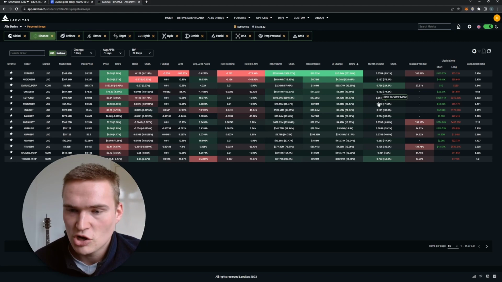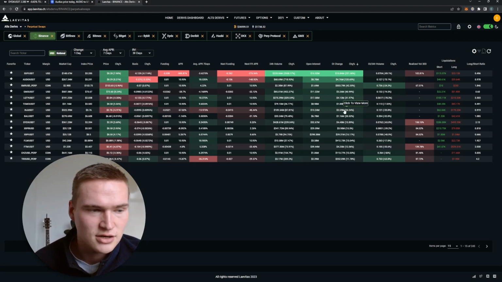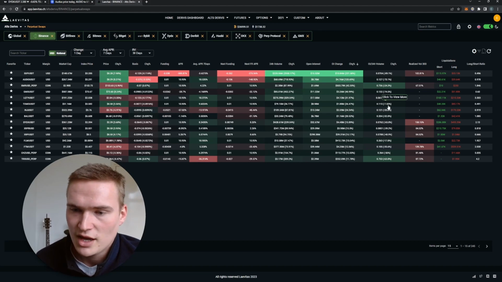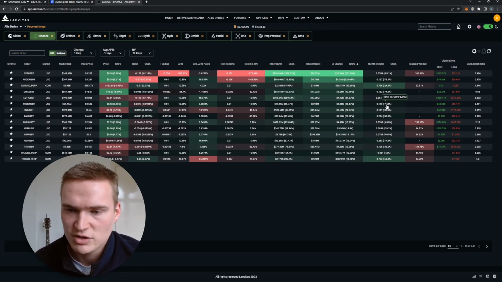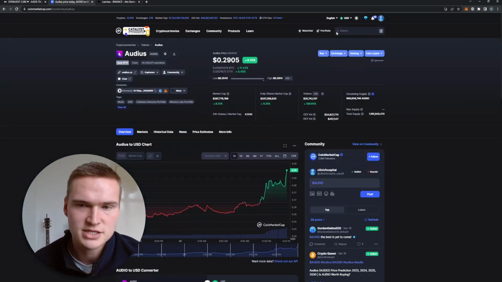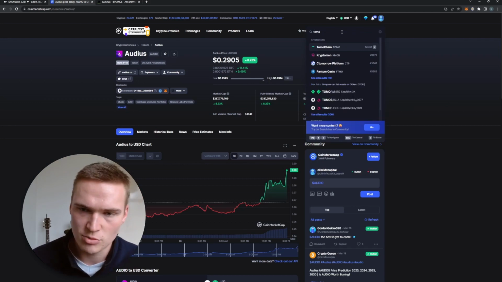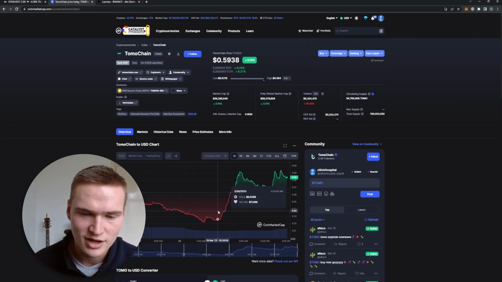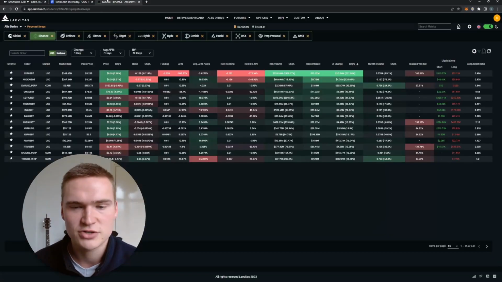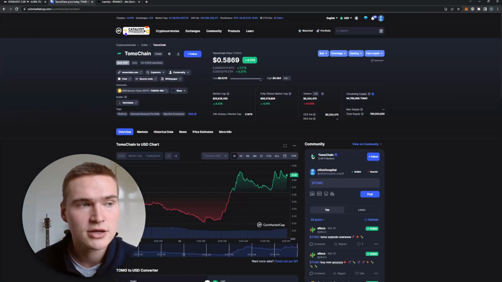But if we take a look at Tomo, for example, you can see that the open interest has gone up by 26%. And in terms of open interest divided by 24-hour volume, it's also over 10%. But what do we see if we take a look at Tomo, which isn't my favorite crypto to trade, but all right. You can see that we have had a lot of volatility. Open interest compared to the volume is still very high, so more volatility is to be expected.